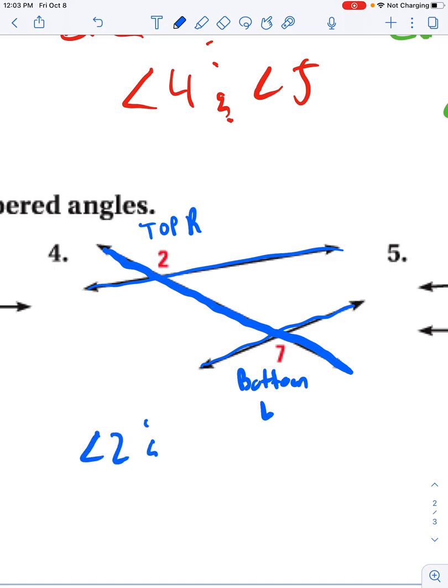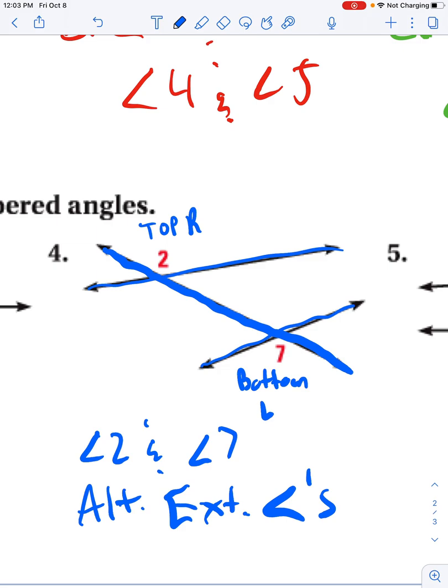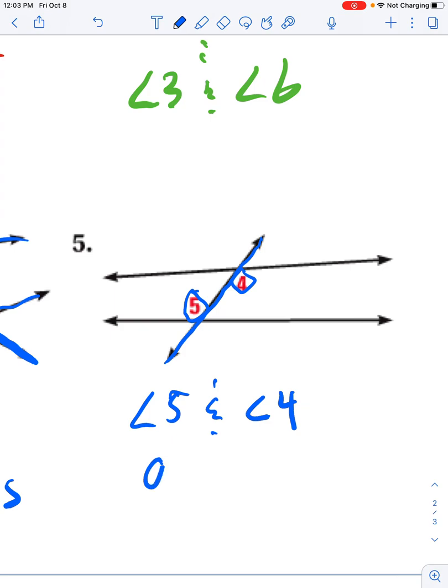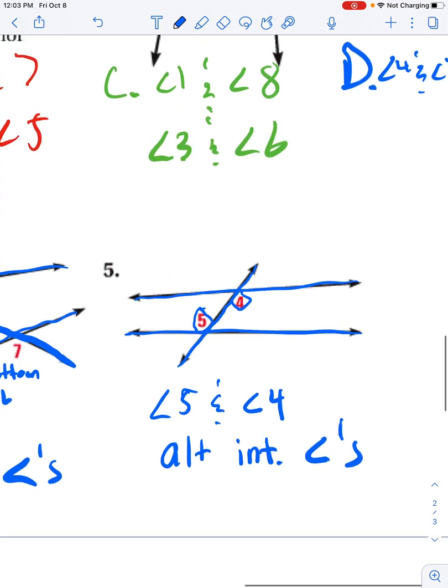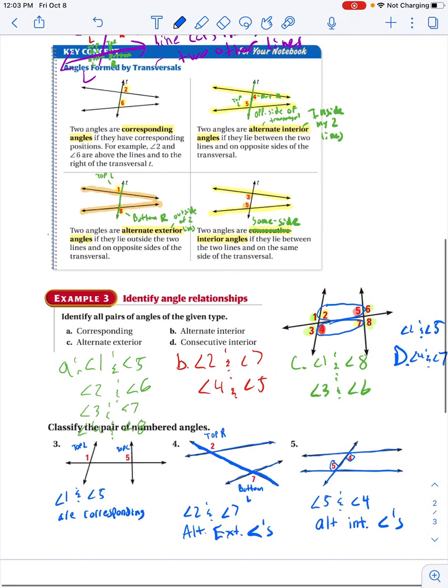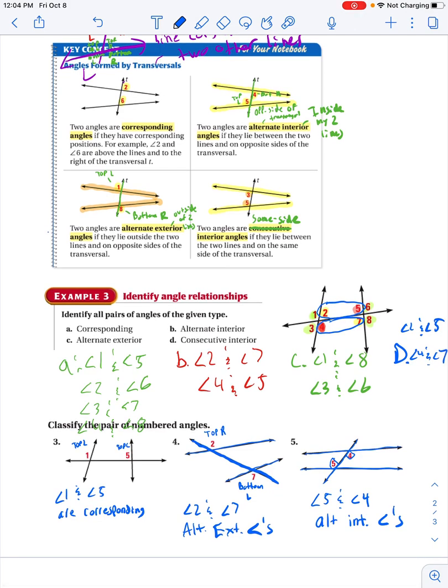So angle 2 and angle 7 are alternate exterior angles. Very similar, on different sides of the transversal, angle 5 and angle 4 are alternate. This time they're on the inside of my lines, so I'm going to say alternate interior angles. Make sure you start to familiarize yourself with these 4 different types of angles.